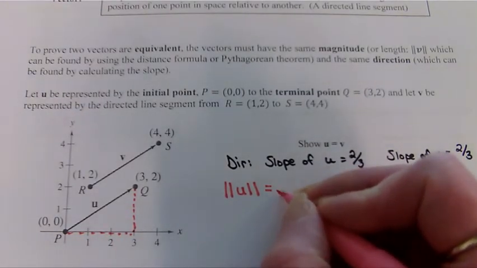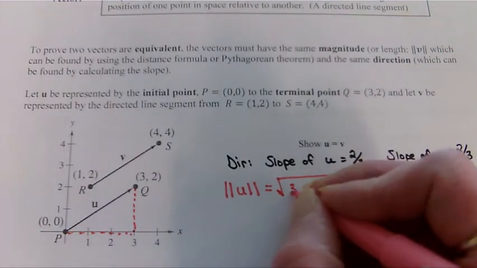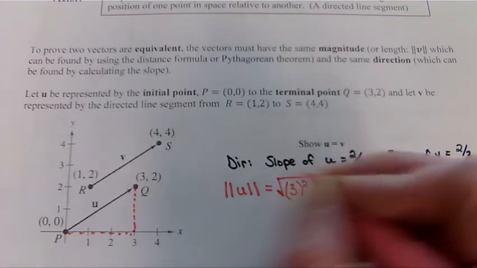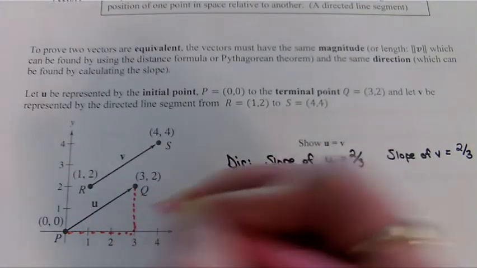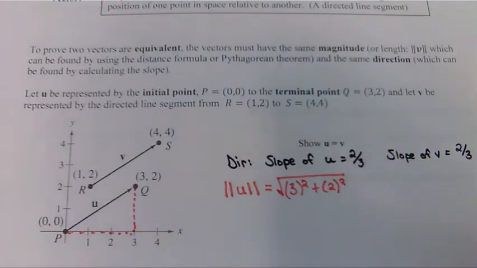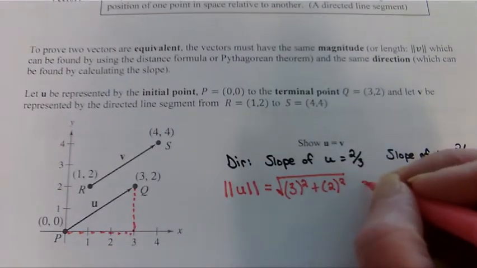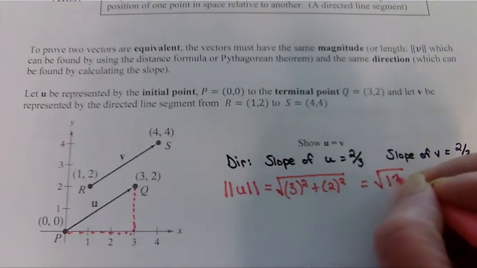It's going to be the square root of this length squared, so 3 squared, and then the height here, which is 2 squared. That's 9 plus 4, so that's the square root of 13.